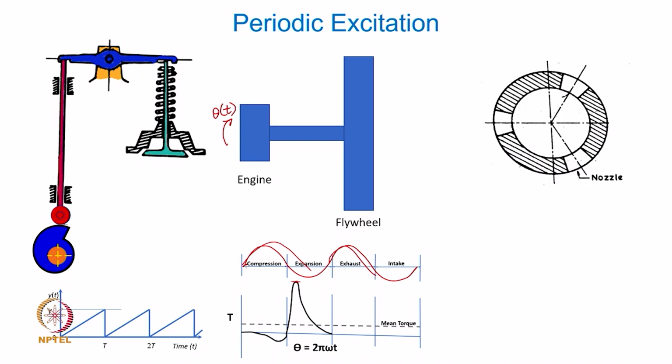The other example that I might like to give you here is in steam turbines. You know that there are blades on the periphery of the shaft, isn't it? Steam turbine or even hydraulic turbines, and then the fluid is flowing in through the nozzle, or it could be flowing through the guide vanes.